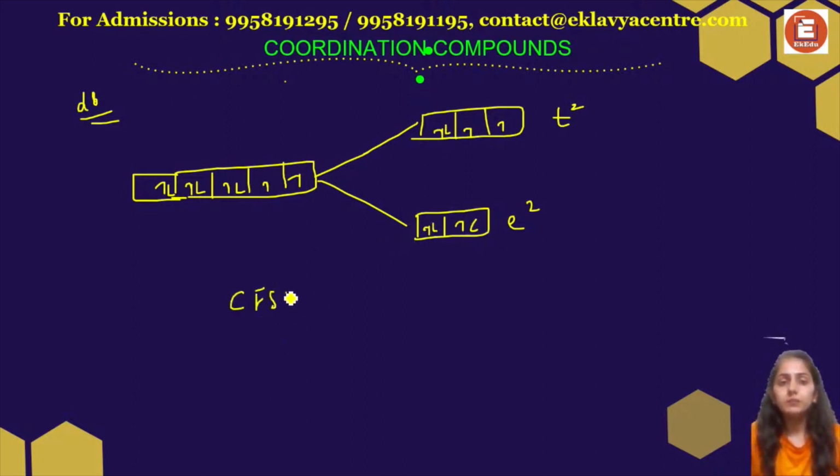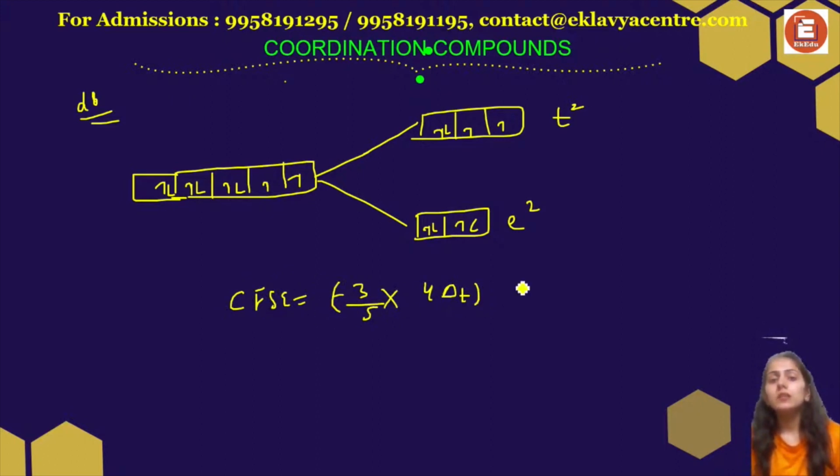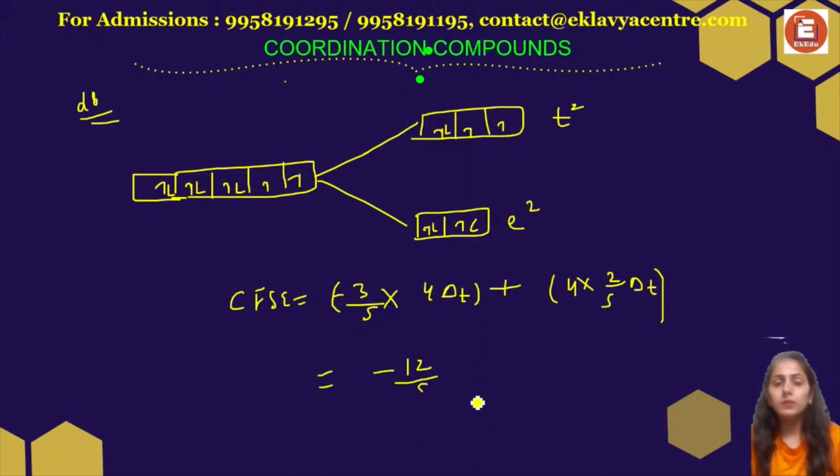So CFSE is minus 3 by 5 into 4 del T plus 4 into 2 by 5 of del T. So 4 threes are 12, minus 12 by 5 del T plus 4 twos are 8, 8 by 5 of del T. So it will be minus 4 by 5 of del T.